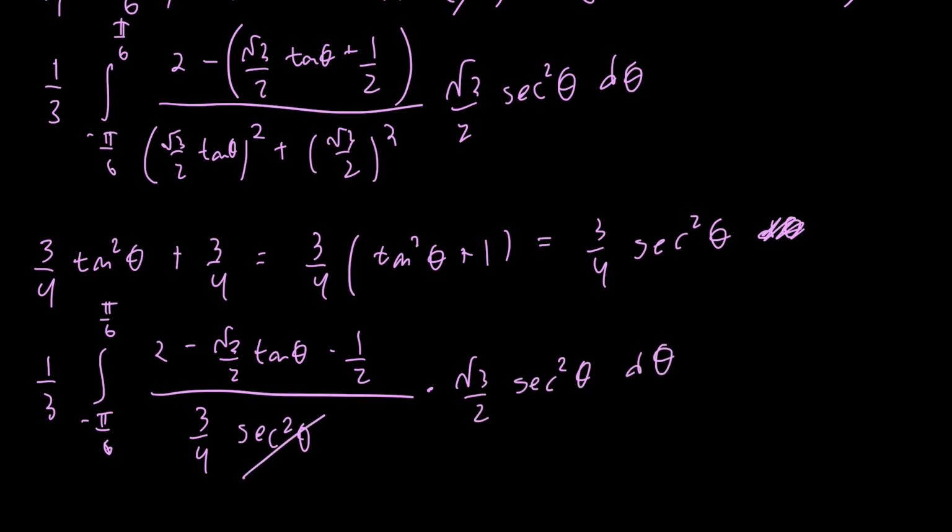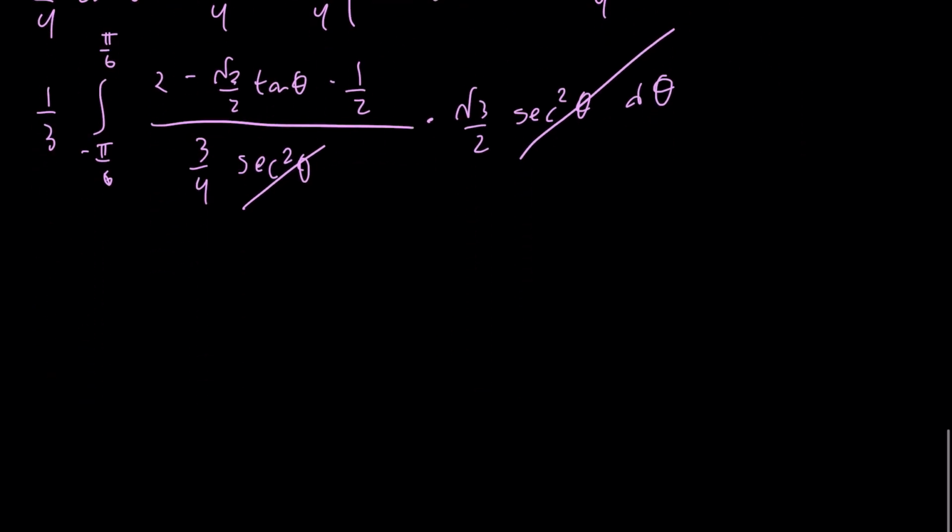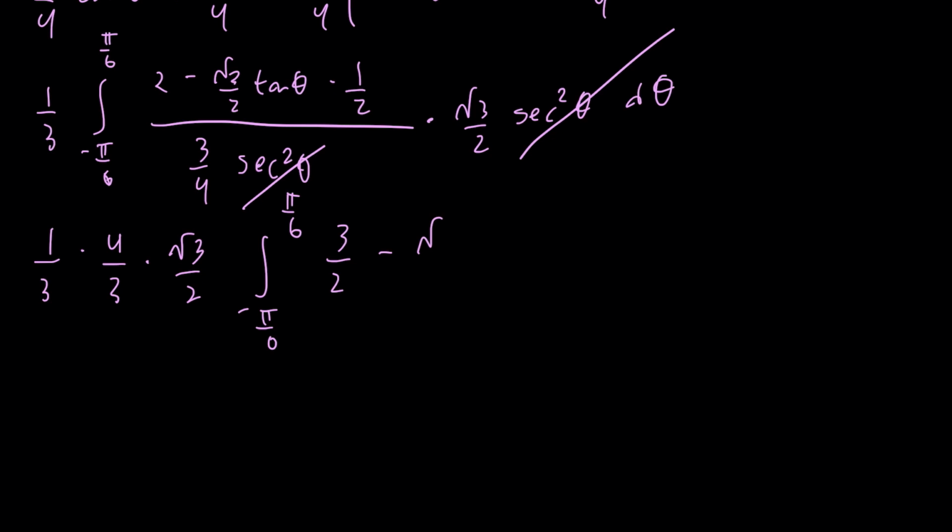So as you can see, the secant squares cancel, and we can put the constants in the front. So we're going to have 1/3 times 4/3 times the square root of 3 over 2, and then the integral from minus pi over 6 to pi over 6. 2 minus a half is 3/2. So we have 3/2 minus the square root of 3 over 2 tangent theta, all of this d theta.